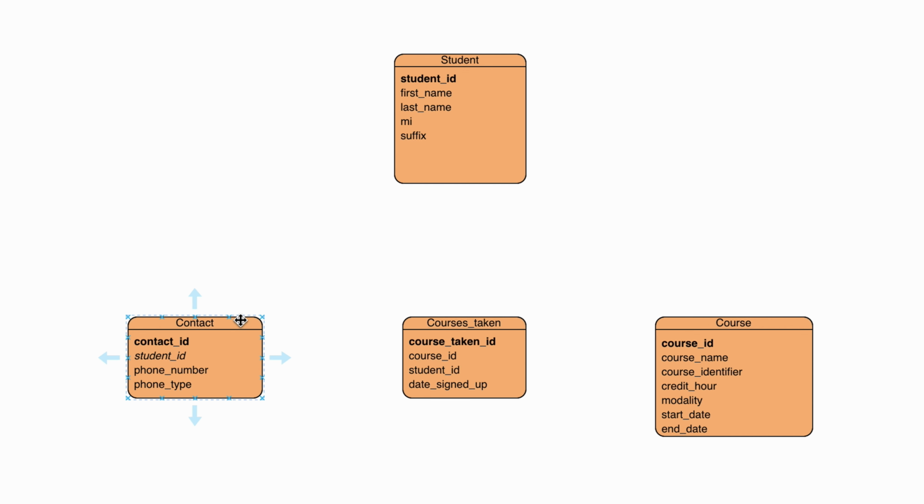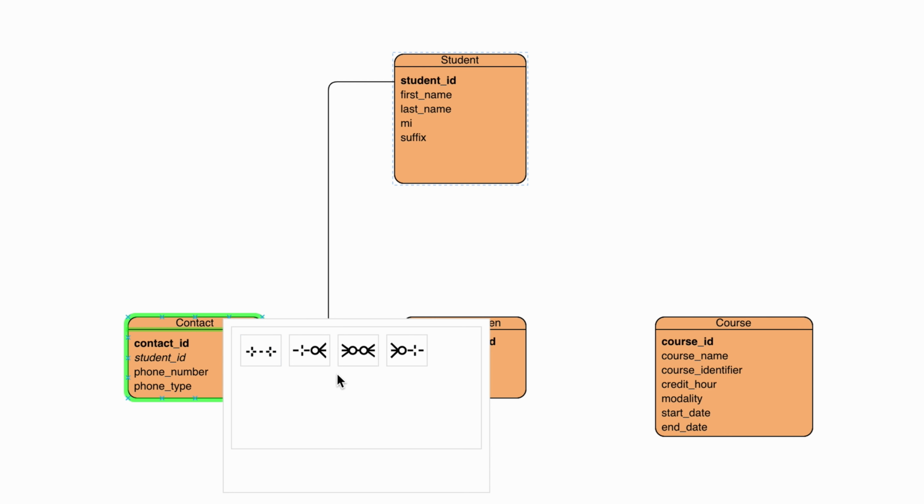With our contact table set up, we have a contact ID, a primary key, and a student ID as a foreign key. Let's drag the arrow down to our student ID and choose the appropriate relationship.